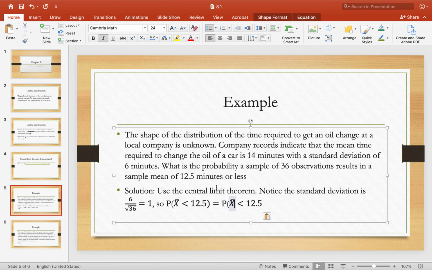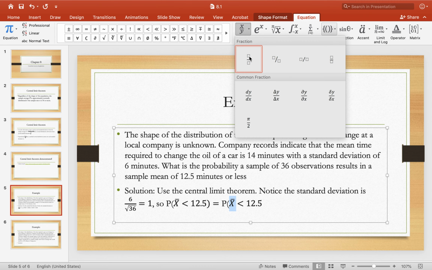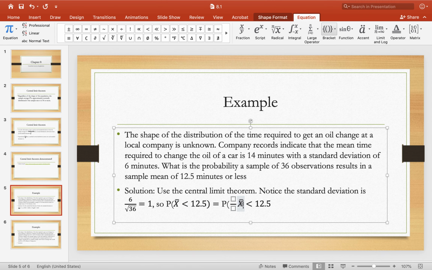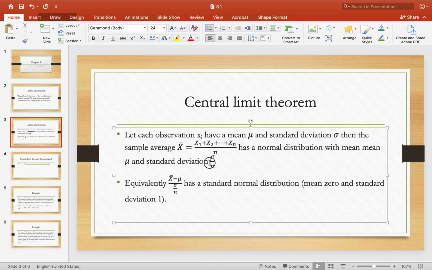Well, I think if I recall, the central limit theorem says this. I subtract the mean, so let's take my equation. So I'm going to take my x bar, and I'm going to subtract the mean, mu. Then I'm going to divide by the standard deviation. And let me just steal the standard deviation here, sigma over root n.